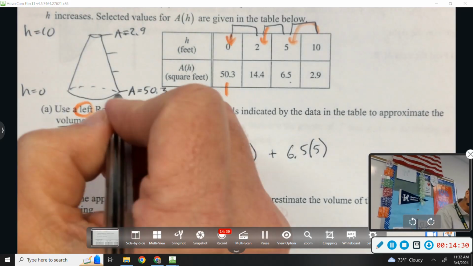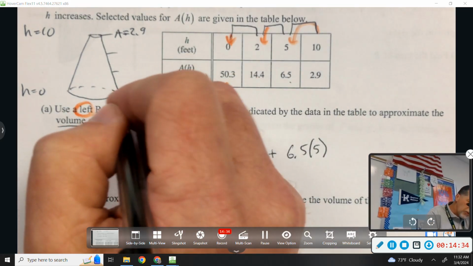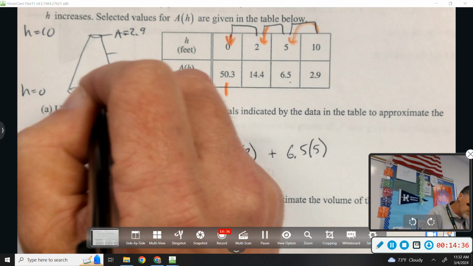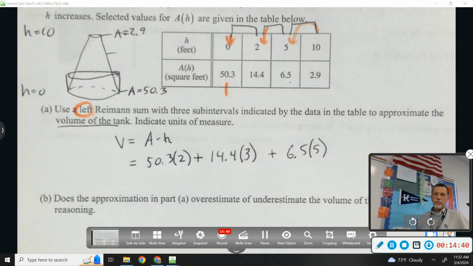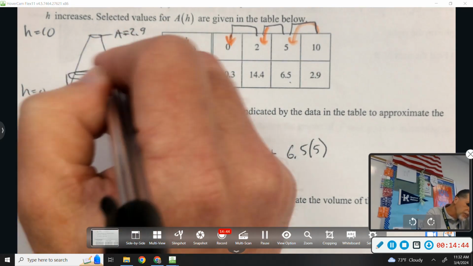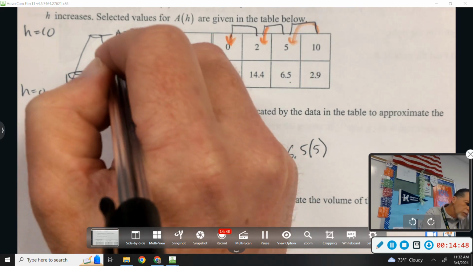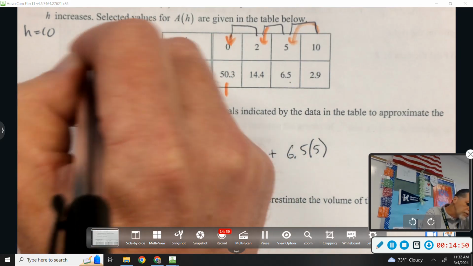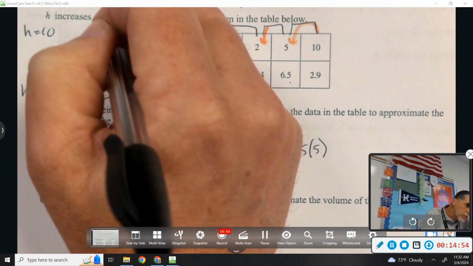So what's sort of going on here is we know the area at the bottom is 50.3. So we're just going to assume the area of that whole chunk is 50.3. And then we know this next area, this little circle, is 14.4. So we're going to assume that whole chunk is 14.4. And then the next one's 6.5, and so we're going to assume that.